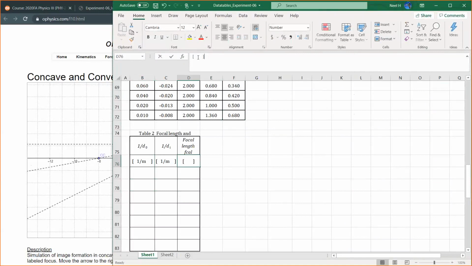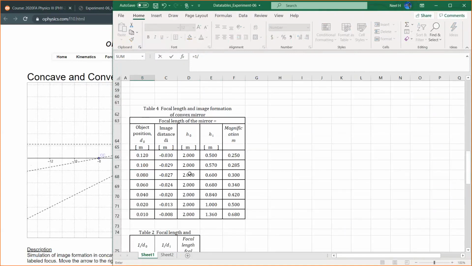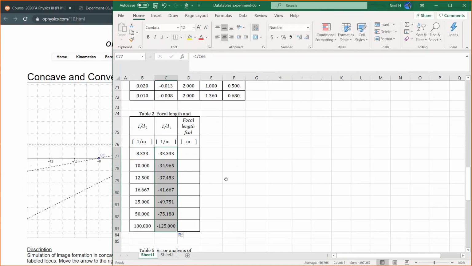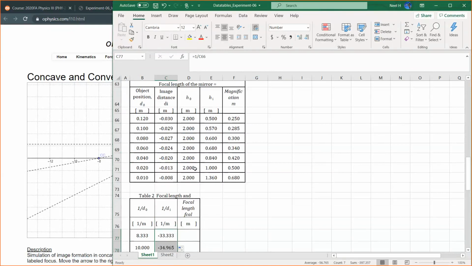Then let's calculate it: equal sign 1 divided by column number B66, and then click and drag. And then similarly di equals sign 1 over column number C66, then click and drag.